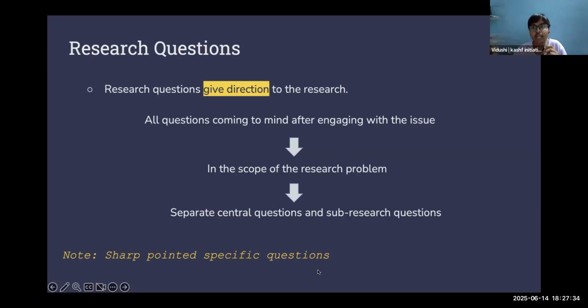It's beyond any research, at least at the PhD level, because of the time and money constraints and a single individual doing it. Mostly what you'll be capable of is addressing two or three central research questions at maximum. Then you could have one or two sub questions which narrow it down a little bit.